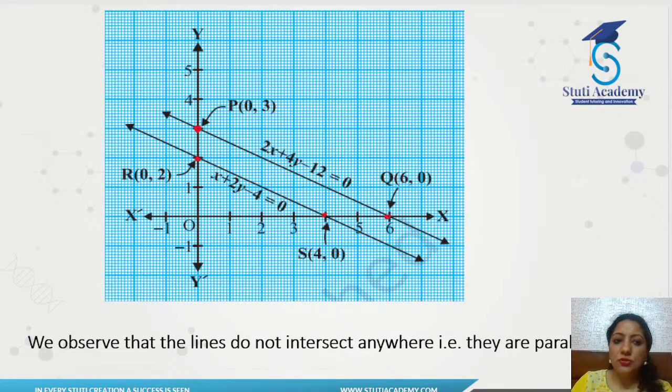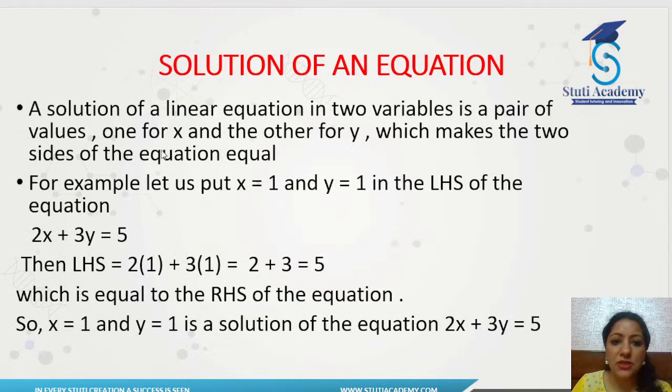Okay children, so in today's class, we have discussed basically about the consistency of the equations. So what did we deal with? First, we learned what is the solution of the equation. Those values of x and y which are going to satisfy the equation, which are going to make LHS and RHS equal.